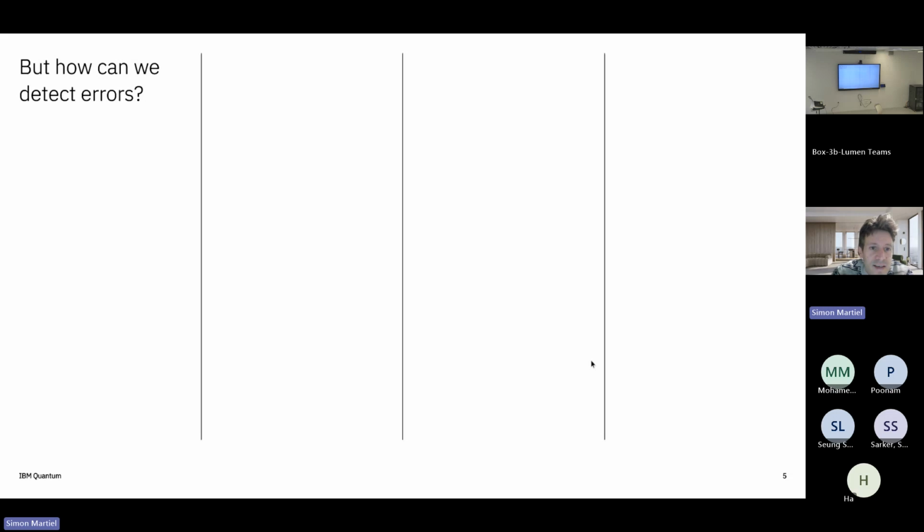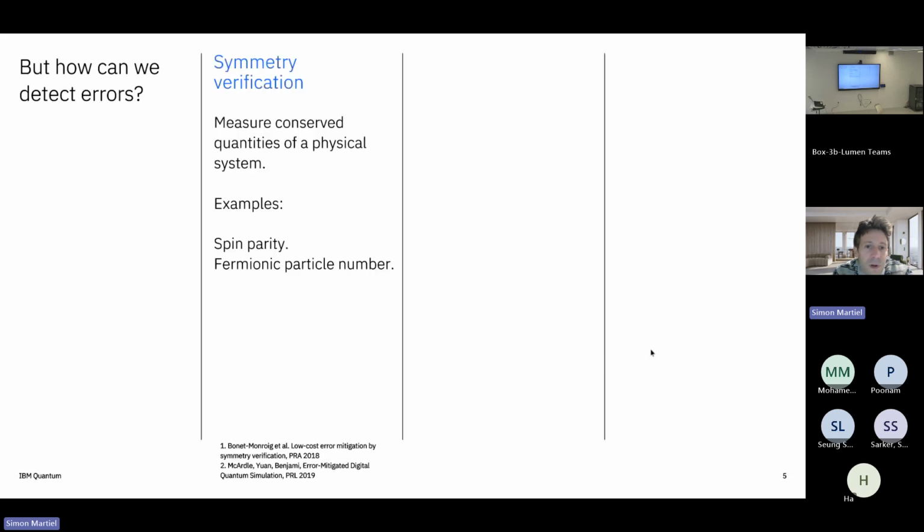So how can we detect errors within a quantum circuit? The first standard method is to add symmetries to the circuit we are running and verify that the symmetries are satisfied at the end of the run.